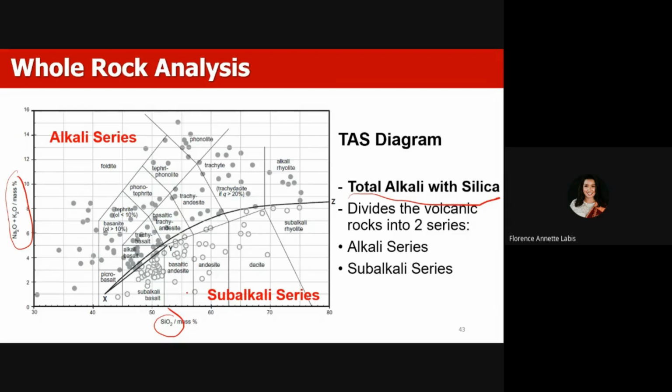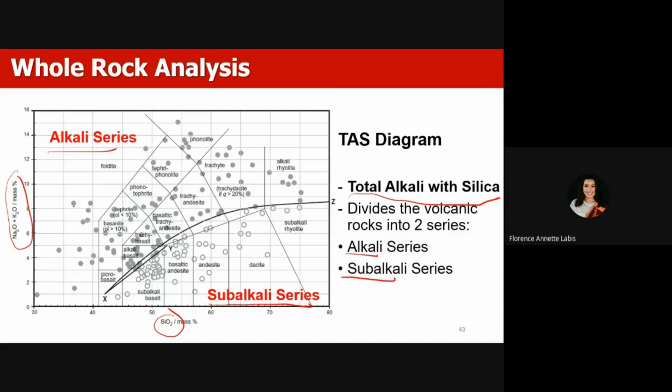Okay, so when we say TAS diagram, it basically divides the volcanic rocks into two series. We have the alkali series and the subalkali series. This also means you have two magma sources: an alkali-rich and a subalkali-enriched magma. So the plots that lie within the subalkali series can be named subalkali basalt, basaltic andesite, andesite to rhyolite.